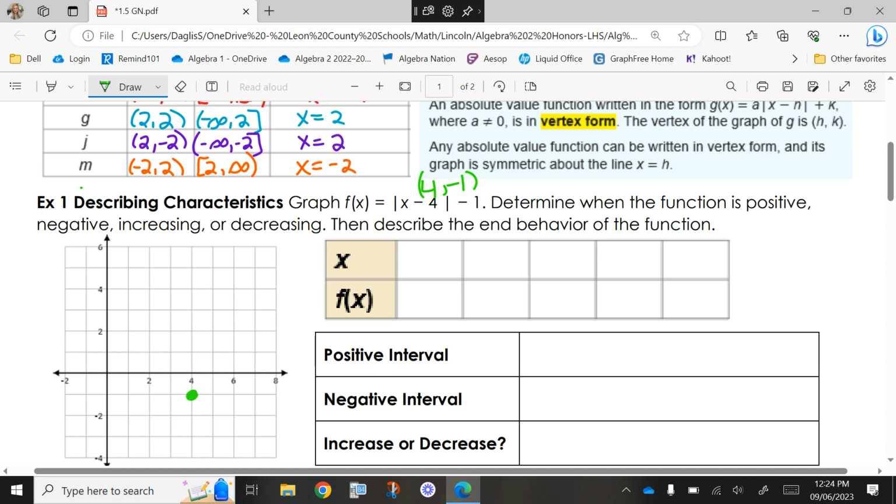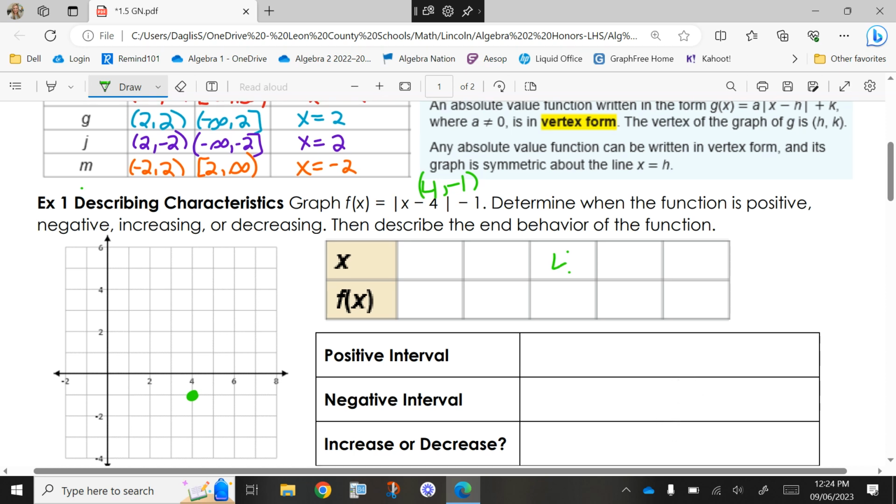That is our vertex. I'm going to use that for the middle point in my table down here. How come? Because it's on the line of symmetry. So from there, I should have the same pattern on both sides. So I'm going to go up to 5, 6 for my x's and down 3, 2.